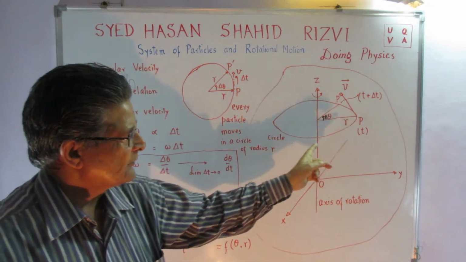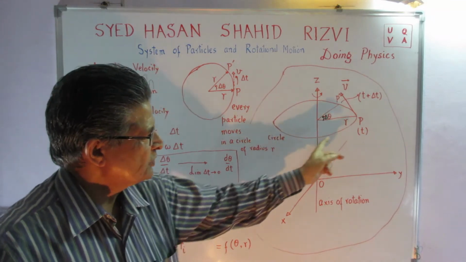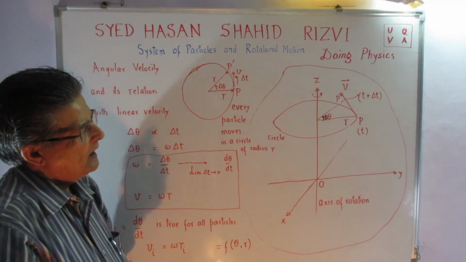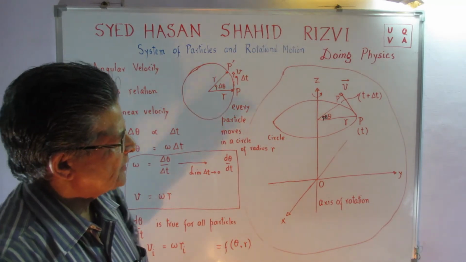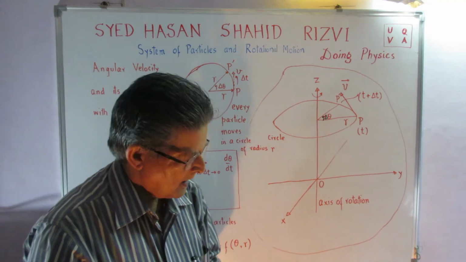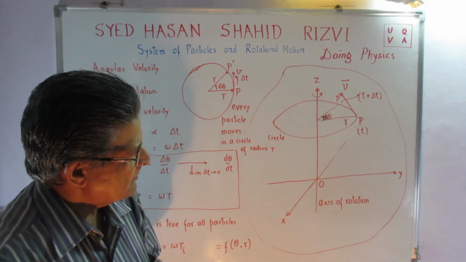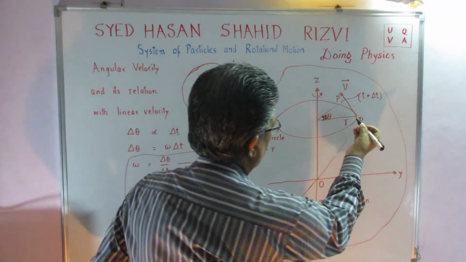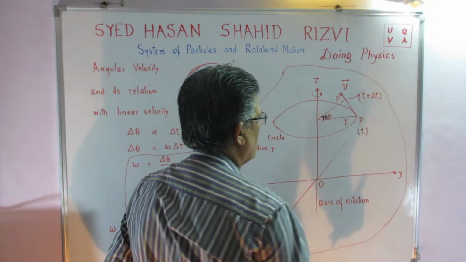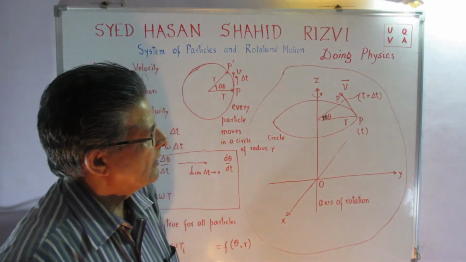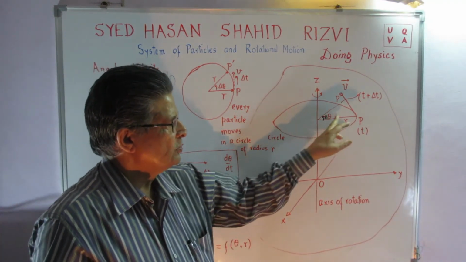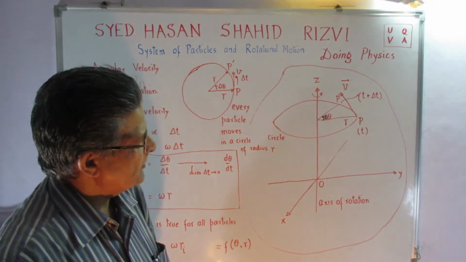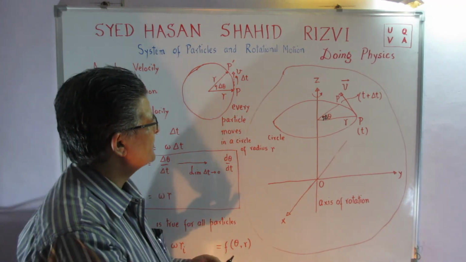Suppose there is a point P. At a time t, after this rotation, it has a velocity v, which will be perpendicular to the radius, as has been shown over here.